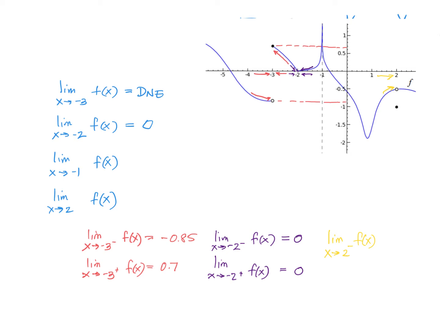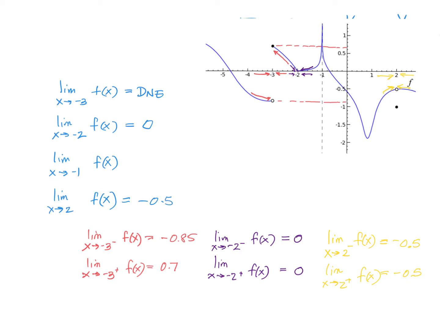And so it looks like it's approaching a y value of -0.5. And if we're looking at the limit as x approaches 2 from the positive side, that corresponds to this portion of the graph. And it also is approaching a y value of -0.5. So your limit then would be -0.5.